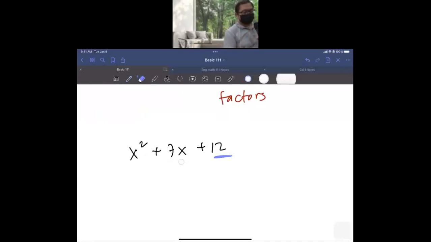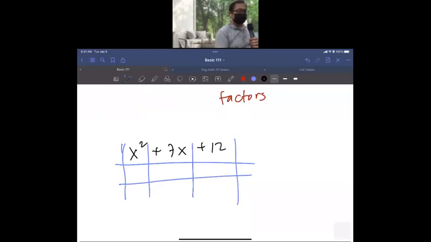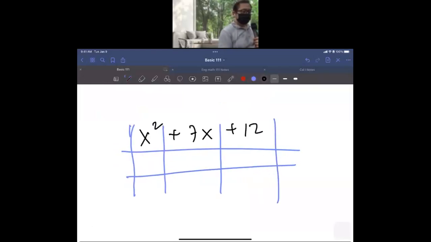Whenever you want to factor, maybe more complicated than this, but let me just give you this simple one. Make out the table. Since it's just x squared, for both columns we just add x.